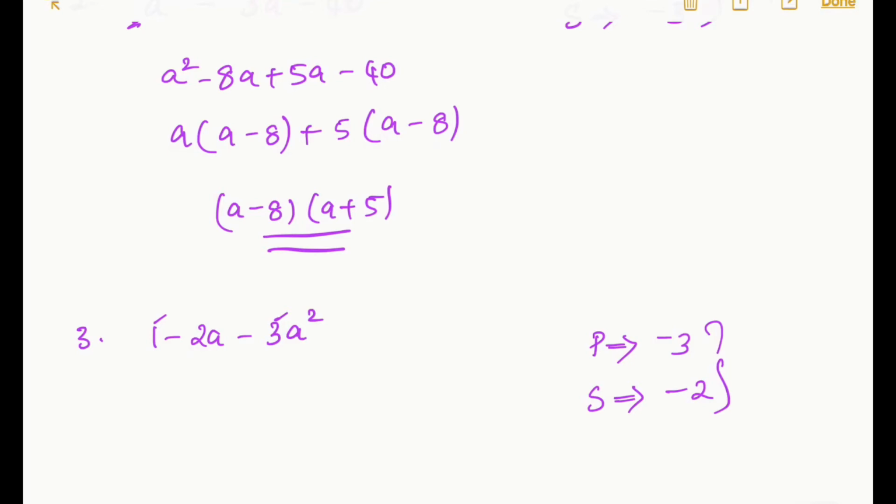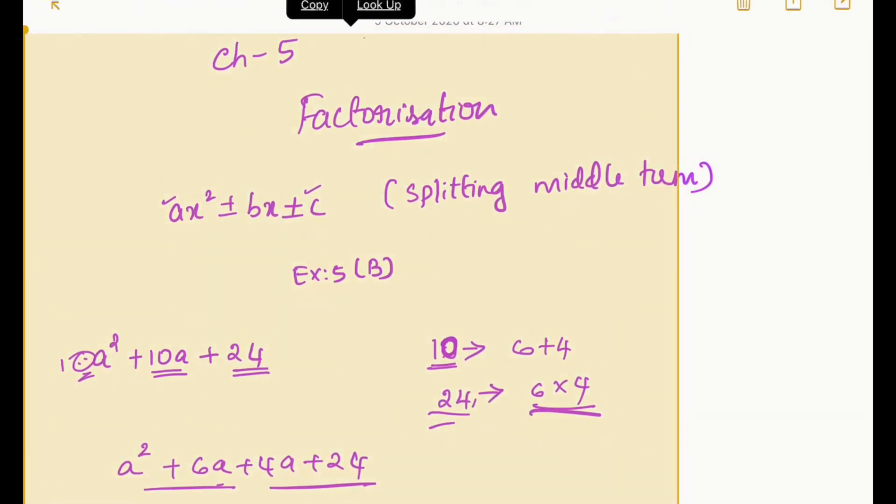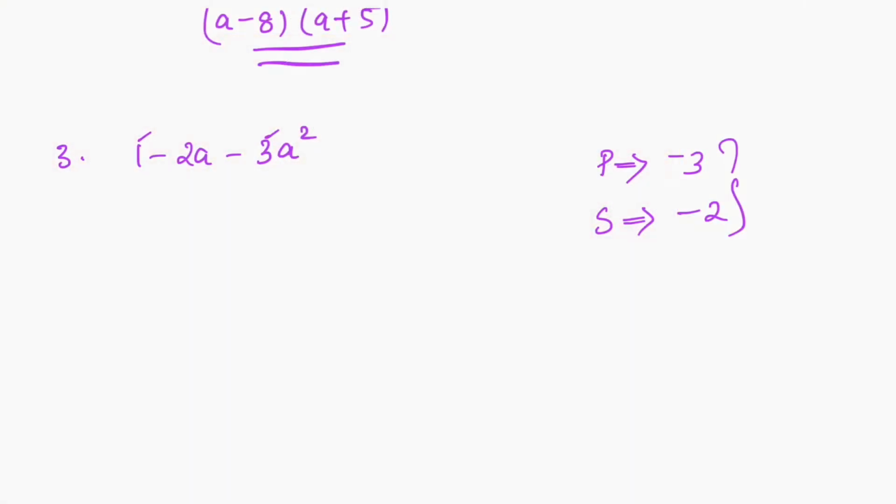What are the two numbers such that product is minus 3 and sum is minus 2? Can I take minus 3 and plus 1? Right? So I get 1 minus 3a plus a minus 3a square.